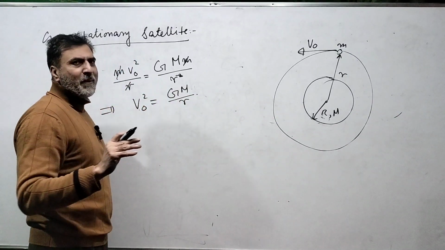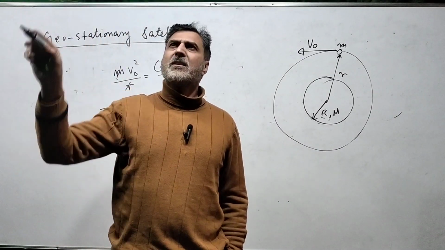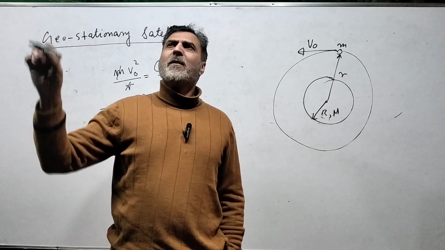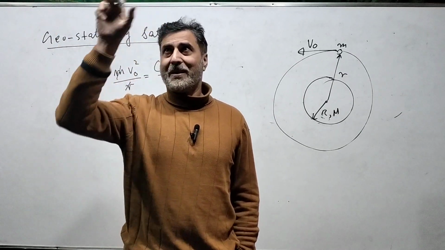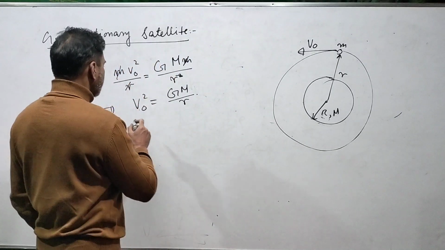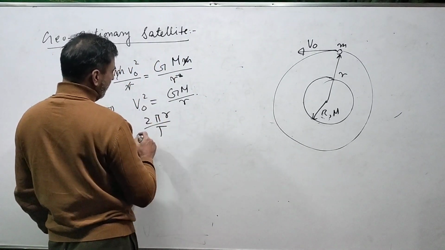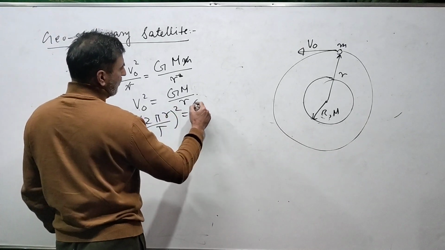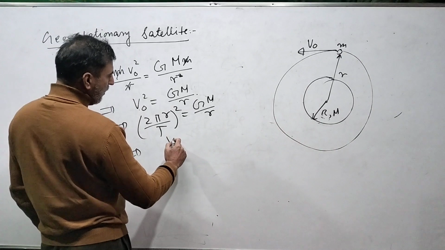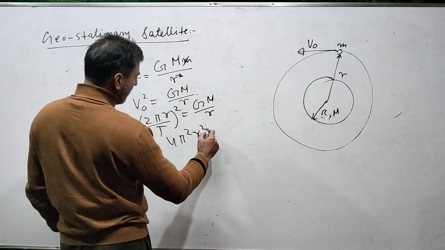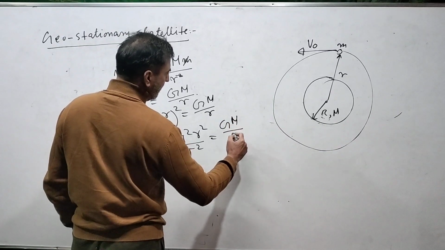Now, what is orbital velocity? If it makes a circular orbit, the orbital velocity can be written as 2 pi r, the circumferential distance, by the time period. So (2 pi r by T) whole square is equal to GM by r. You can write it as 4 pi square r square by T square is equal to GM by r.